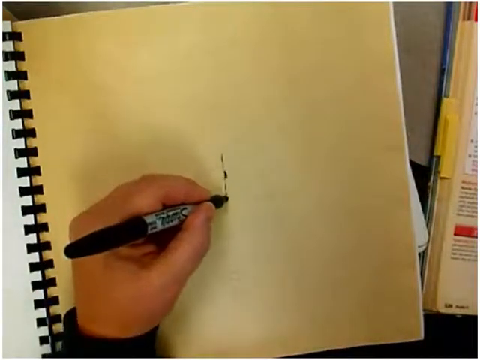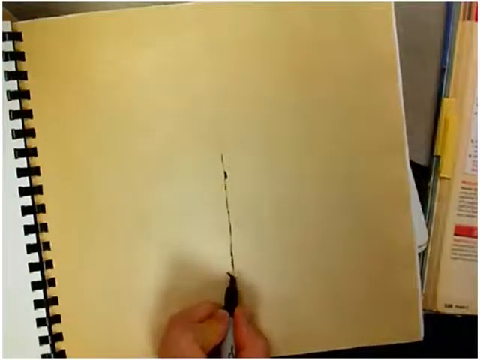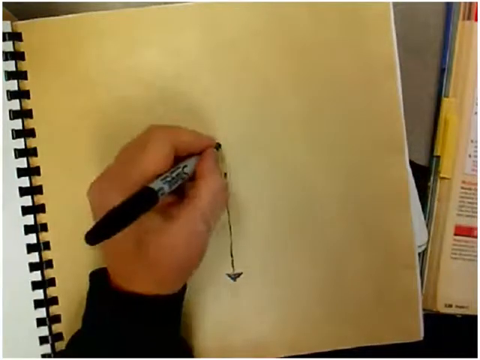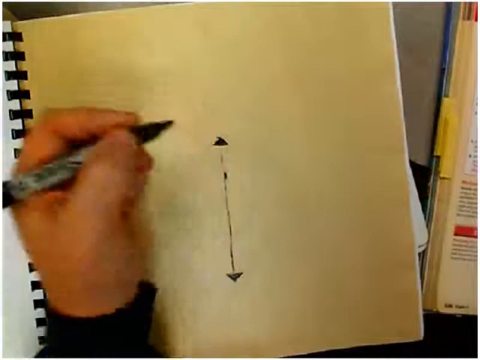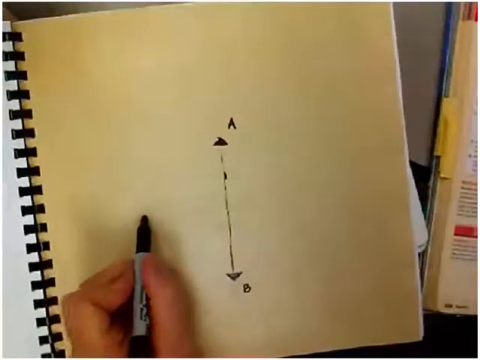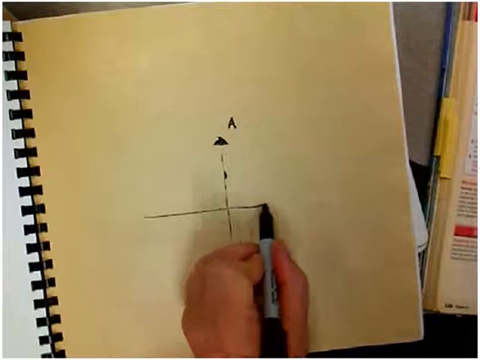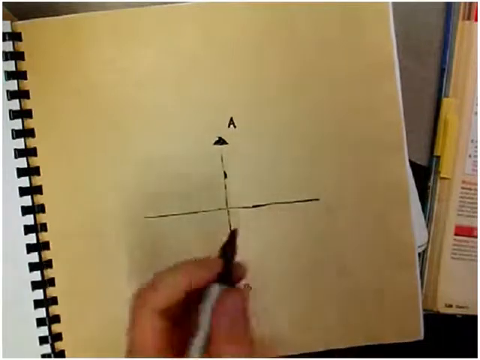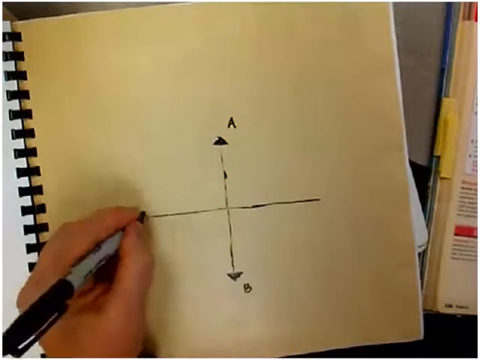They've marked the A directly above and below the arrowheads. And then they have another line, line CD, going from left to right horizontally through 9 o'clock and 3 o'clock. And those two intersect at a point. They're in the middle, and they're not labeling that point.